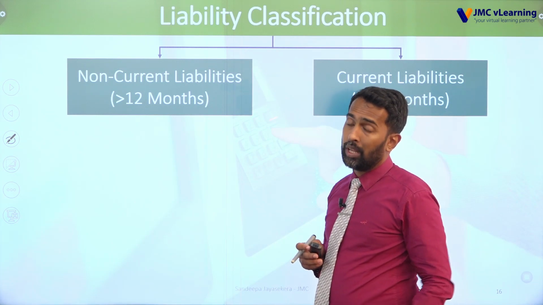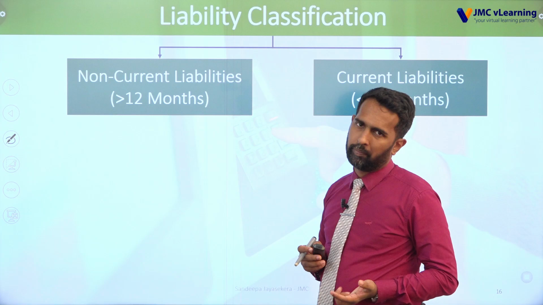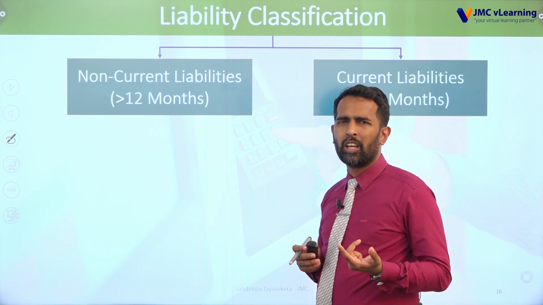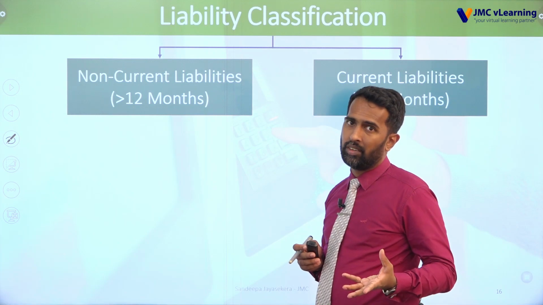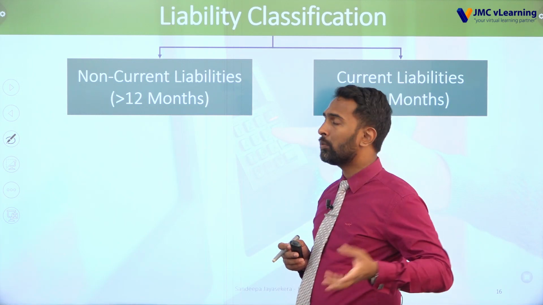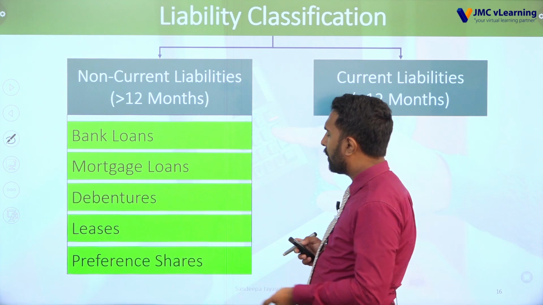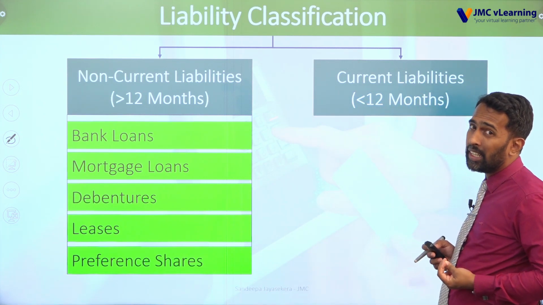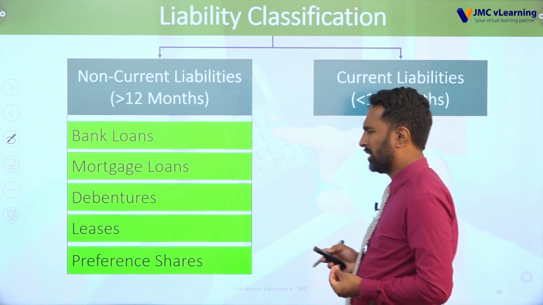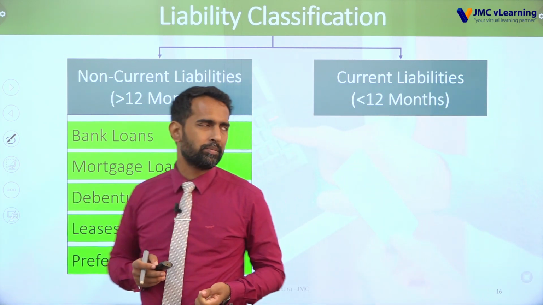Right? So that is a long-term commitment. And sometimes companies are issuing preference shares, companies are issuing debentures, right? There can be different types of loans, mortgage loans, like that. Bank loans, mortgage loans, debentures, leases. Sometimes we take leasing facilities. Those are long-term liabilities. It takes time, right?